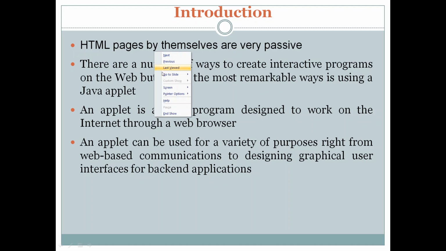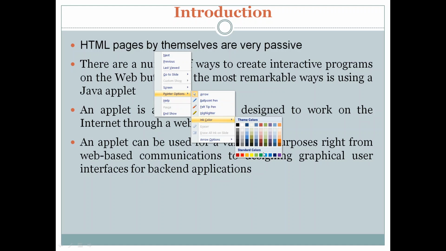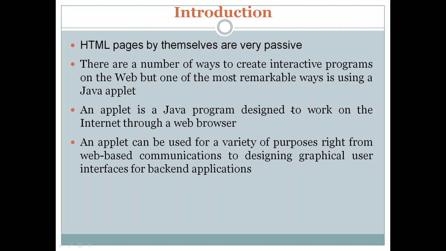HTML pages themselves are very passive in nature. Applets are generally executed on the web browser or on the World Wide Web. The documents on the World Wide Web are developed by using a language called HTML, and the pages developed using HTML are called HTML pages.